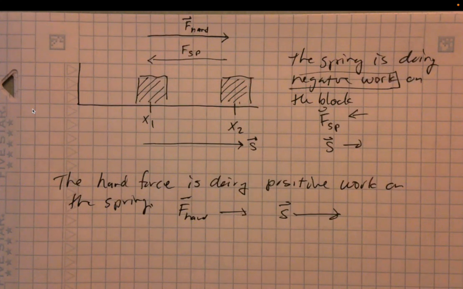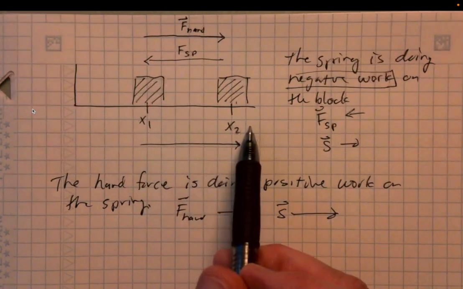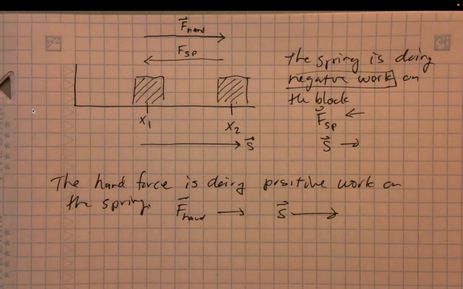So the hand force is aligned with the displacement, so the work is positive, and that's the work being done on the spring. In stretching the spring further, we are doing positive work on the spring. That's the takeaway, right?